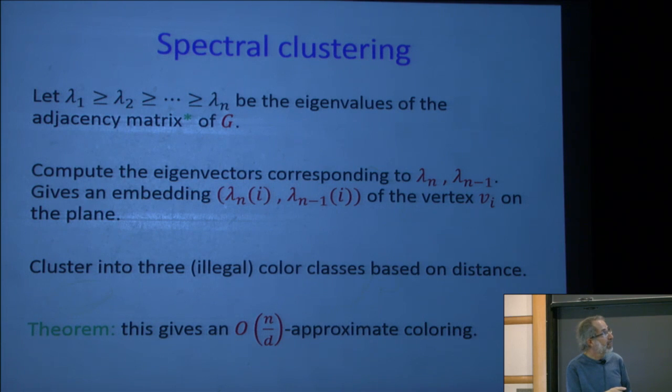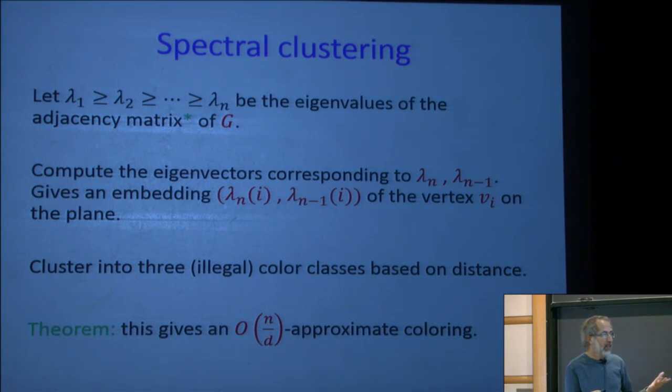We look at its eigenvalues, and we compute the eigenvectors corresponding to the smallest two eigenvalues, the most negative ones. Each vertex has its value in each one of these eigenvectors, so it's like an embedding of the vertices in the plane, if we look at these eigenvectors as a coordinate system. And then we just do some distance-based clustering on what we get.